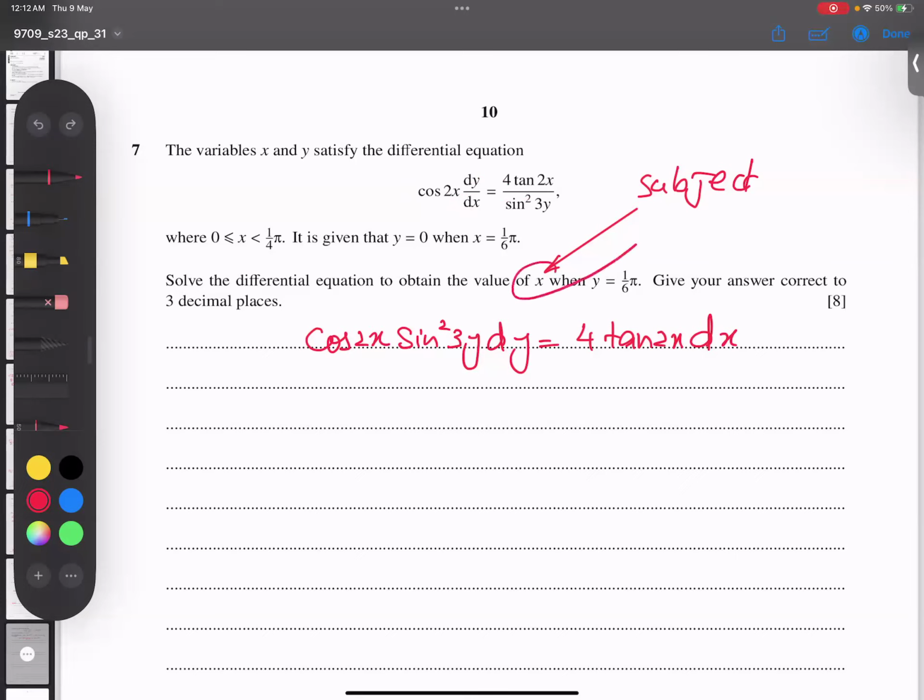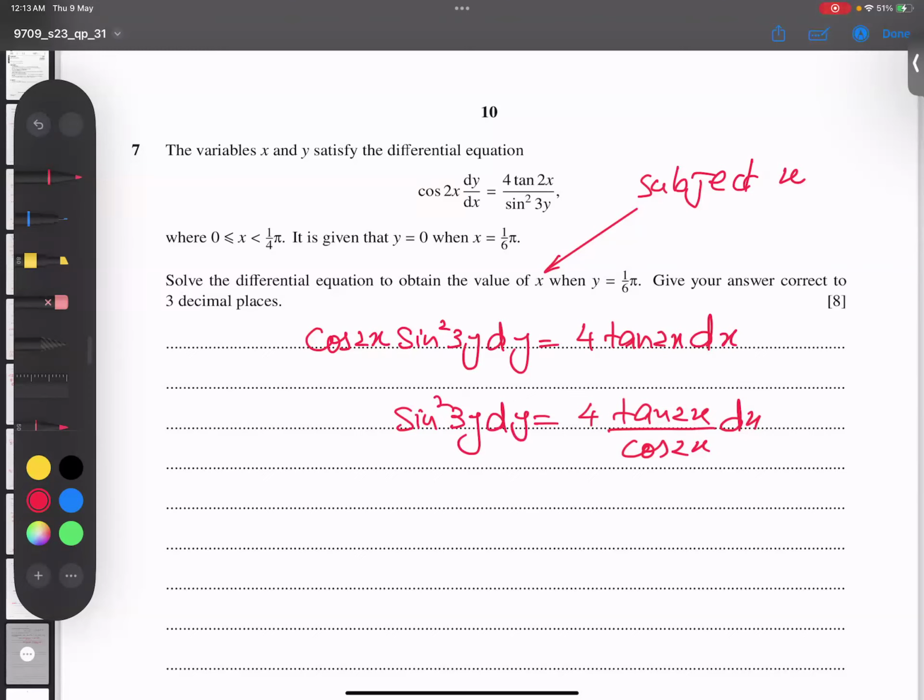But ultimately, because x is my subject, I will bring this to this side. I get 4 times 2 tan 2x over cos double x dx and sine square 3y dy.